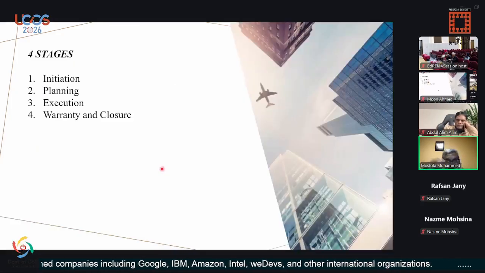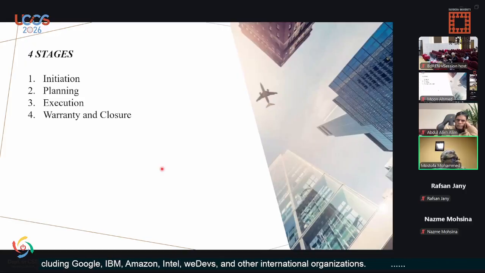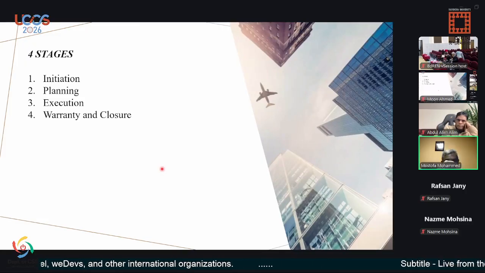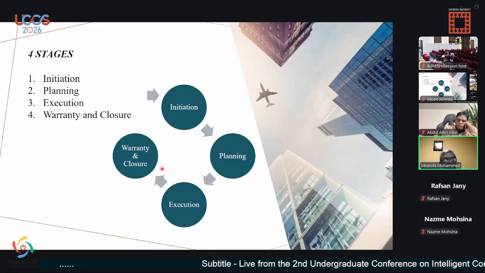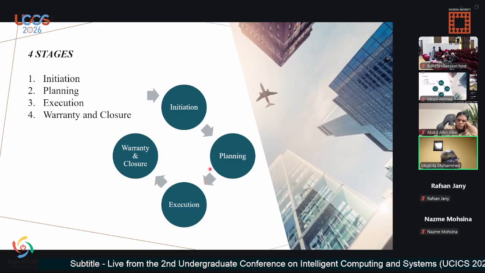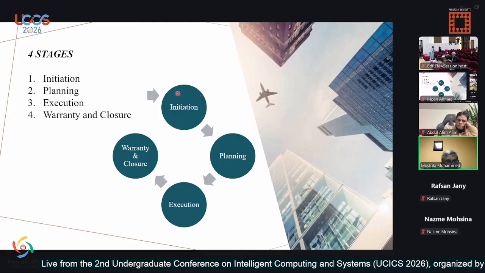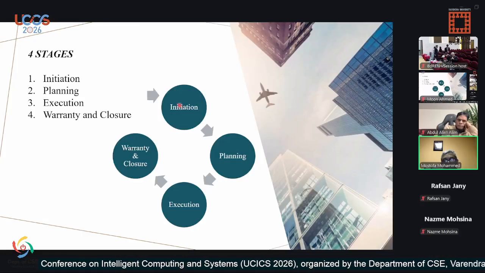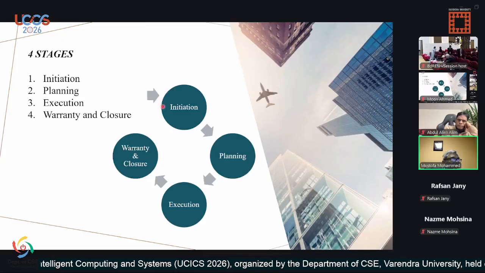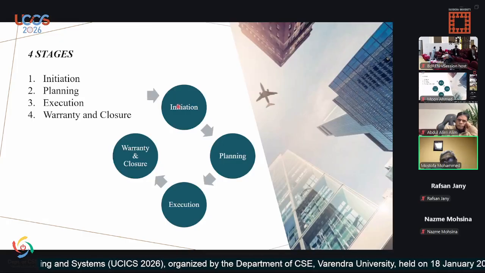Going to the next one. The stages of a project are initiation, planning, execution, warranty, and closure. As you can see, there is a circular relationship between all 4 stages. Initiation, where we start the project, is actually a business-driven initiative because of investment and business needs.